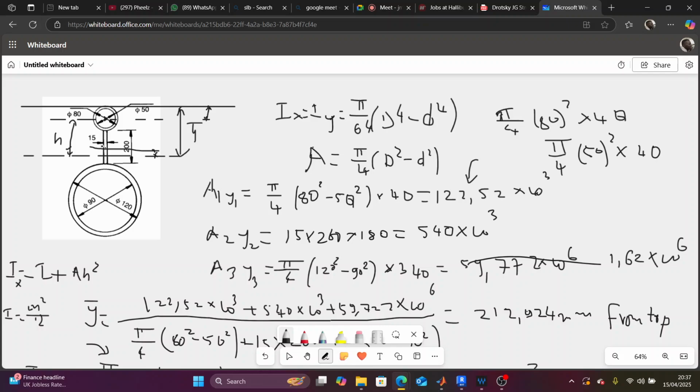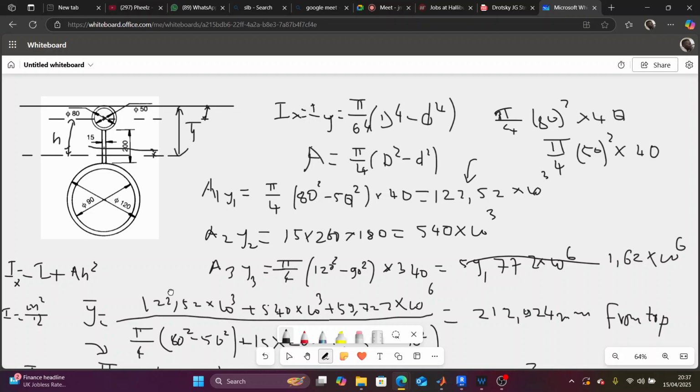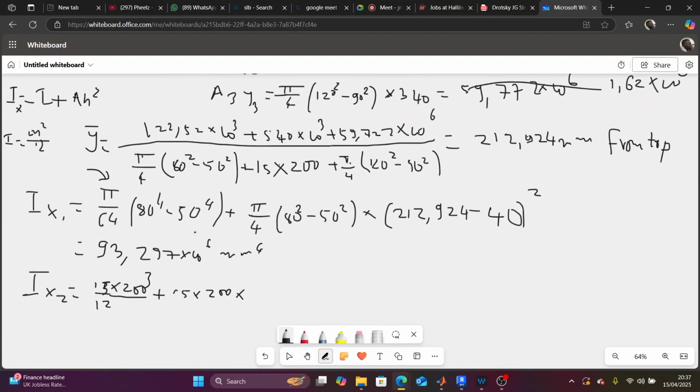Do you see it right? So it's going to be 212.924 minus what? 180. Minus 180.